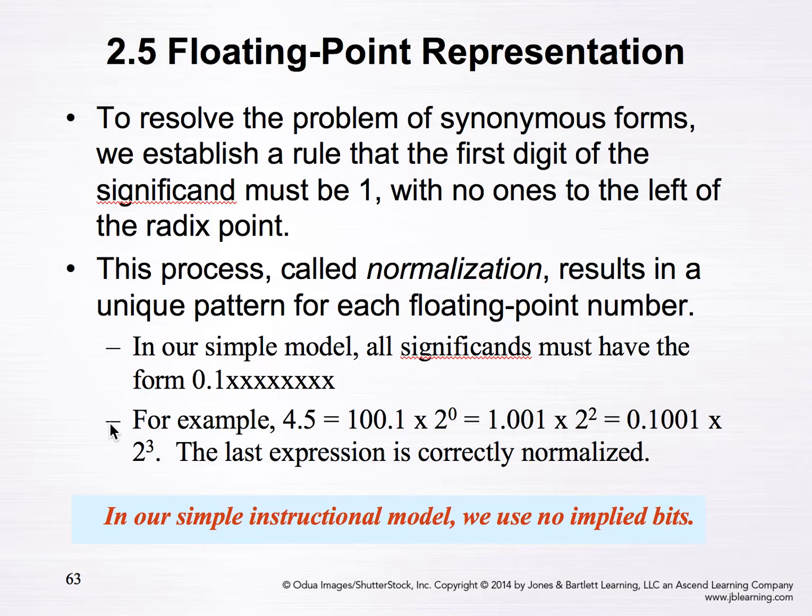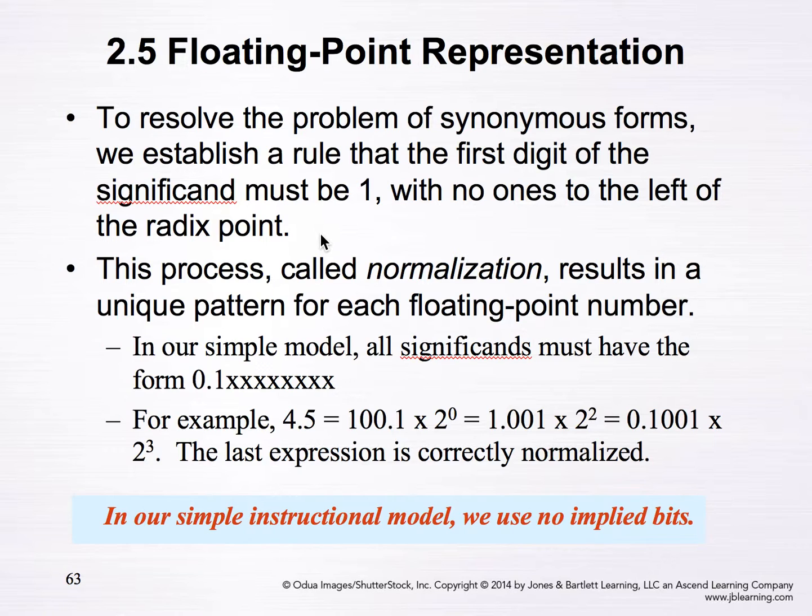So basically, to solve the problem of synonymous forms, we establish a rule that the first digit of the significand must be equal to 1. It means the digit right after the binary point should have the value of 1, with no 1 to the left of the radix point.